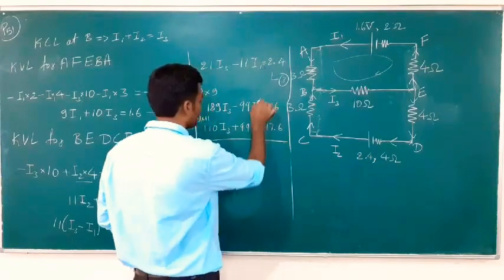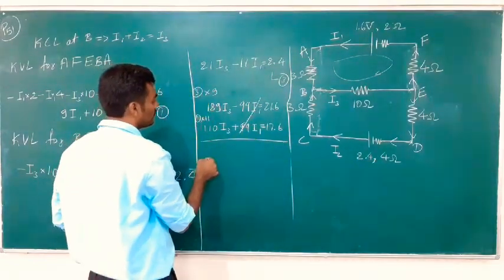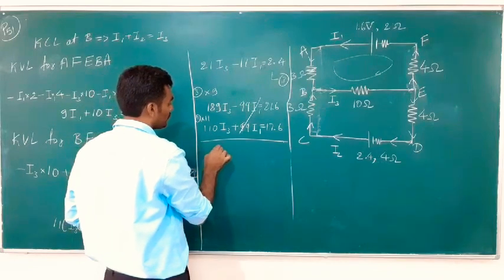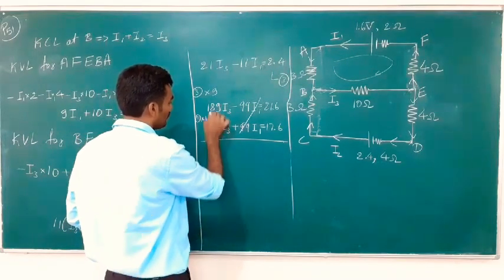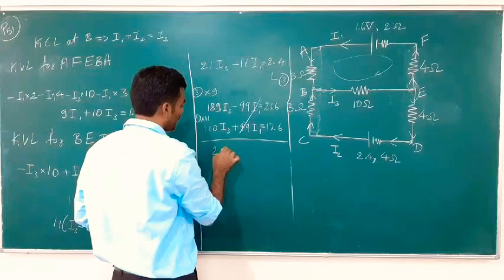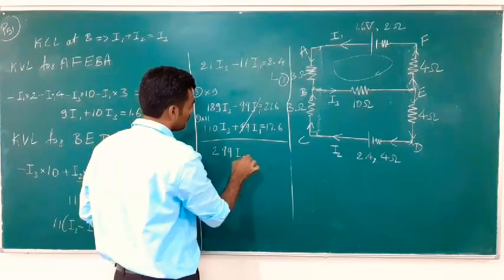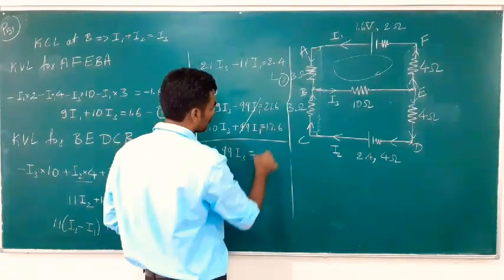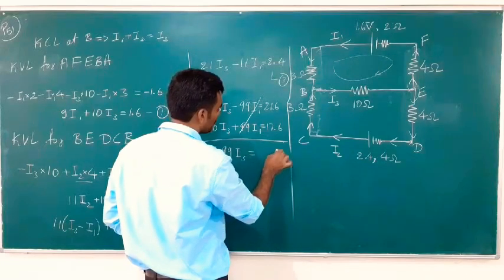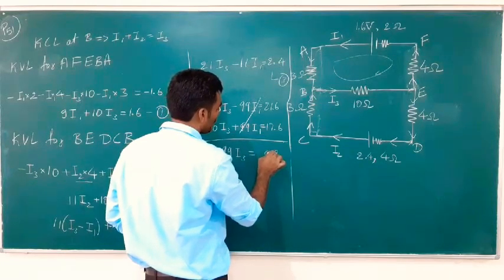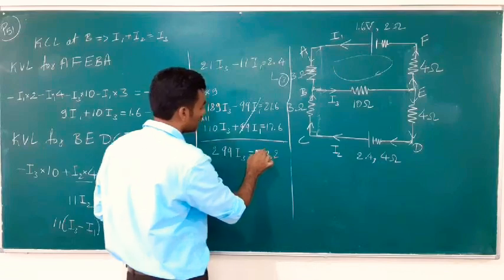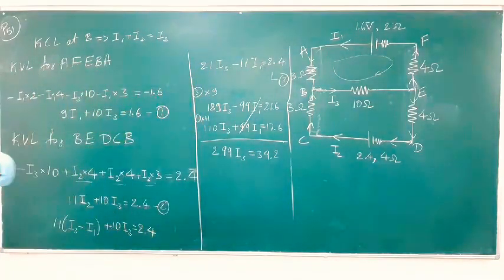Okay, now these two cancel, add these two, so it is 299 I3 is equal to, sum of these two is 39.2. 299 I3 is equal to 39.2.